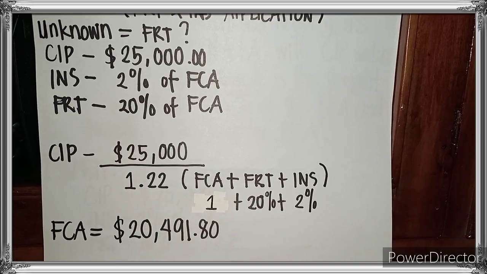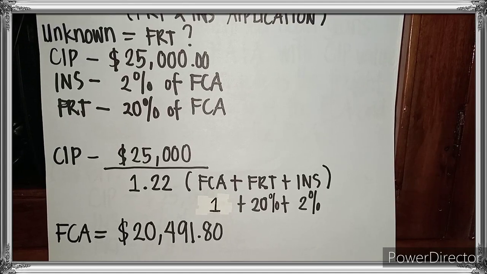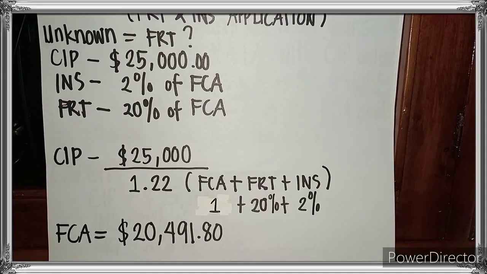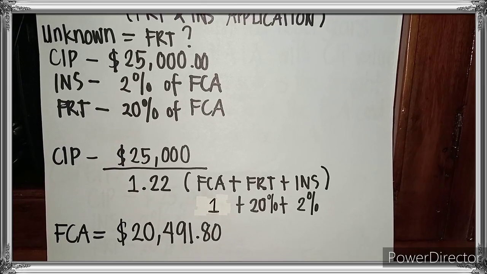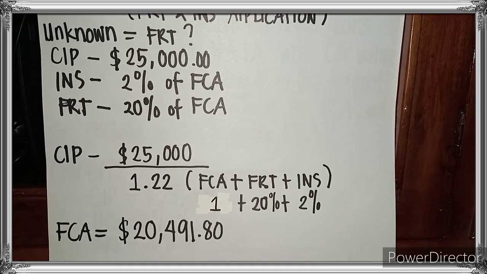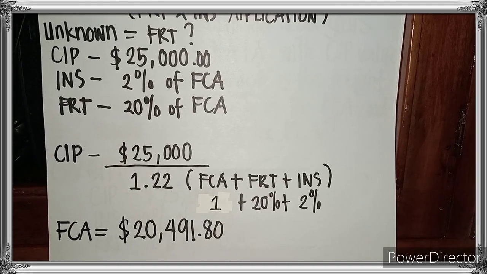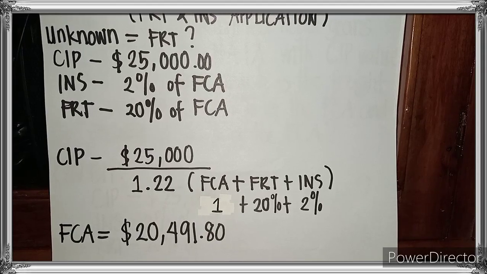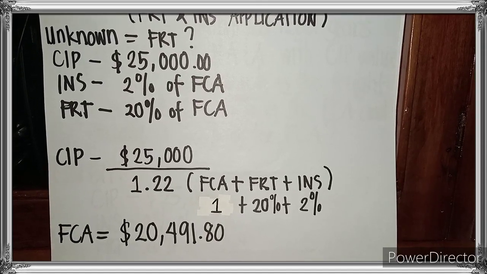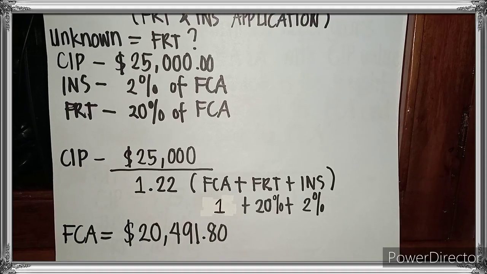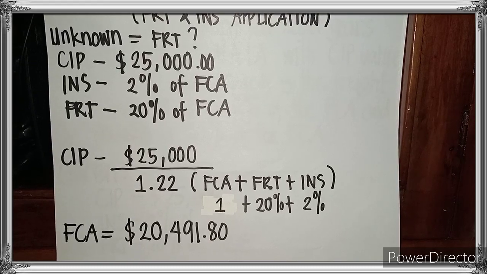When we add that, we have 1.22. And then we proceed to the division. $25,000 divided by 1.22 is equal to an FCA value of $20,491.80.